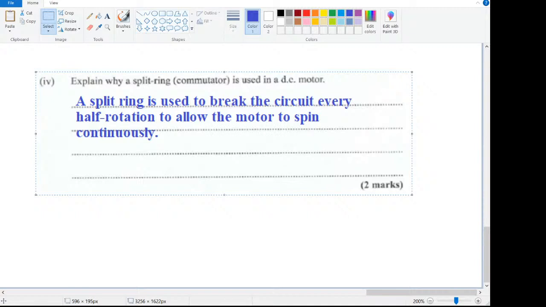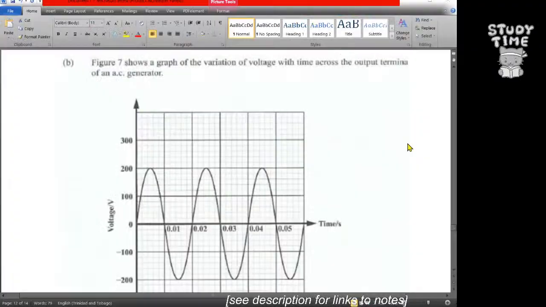The details are not as much as you think. Alright, Figure 7 shows a graph of the variation of voltage with time across the output terminal of an AC generator.